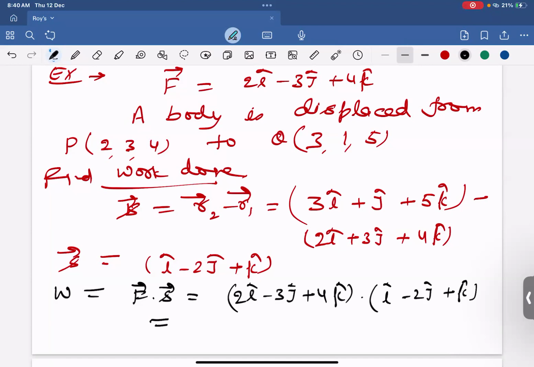In this dot product, we know i dot i is 1, so 2 into 1 is 2. j dot j is also 1, minus 3 and minus 2 is plus 6. And k dot k is also 1, 4 into 1 is 4. So the work done answer will be 12 joule. This is the answer for work done.